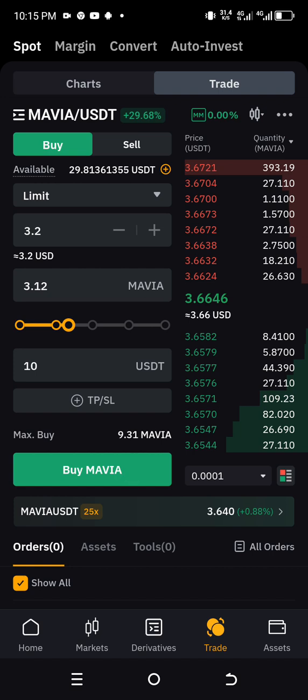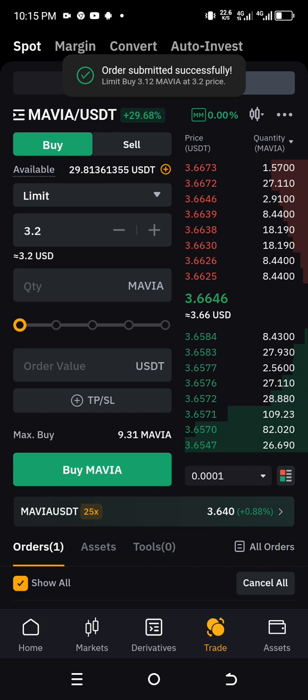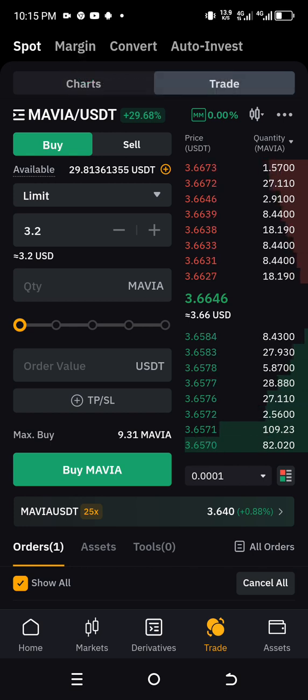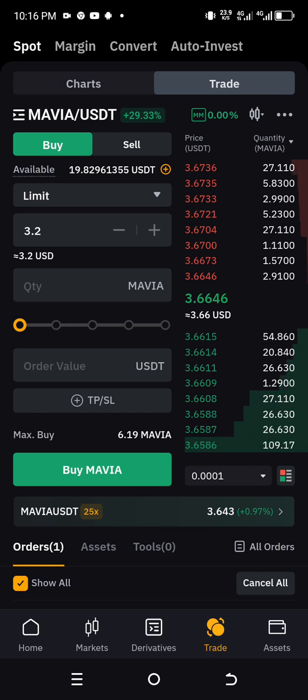Click on buy. By clicking on buy now, I've opened another order, in case it goes below what I currently purchased. If my second order is executed, then I will also be in profit, because it will automatically change the volume down to 3.2.